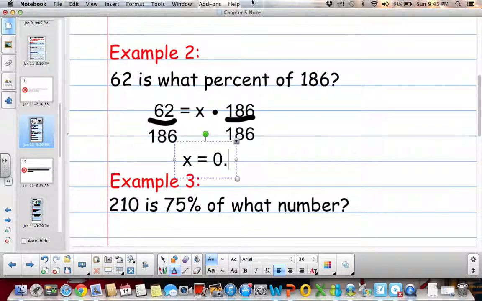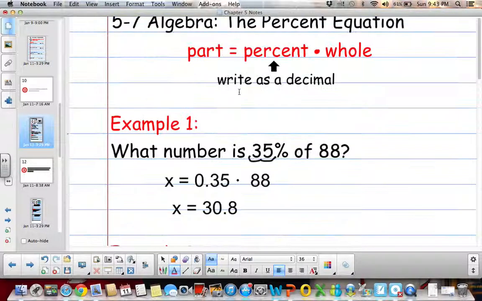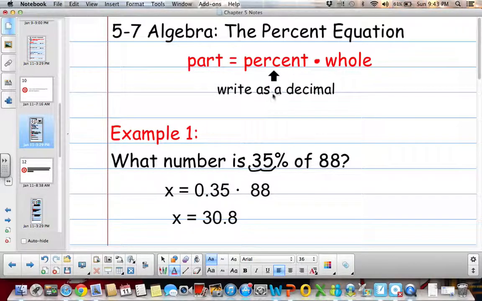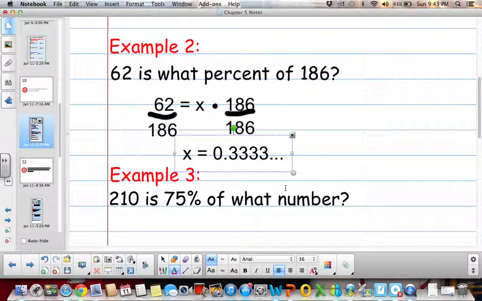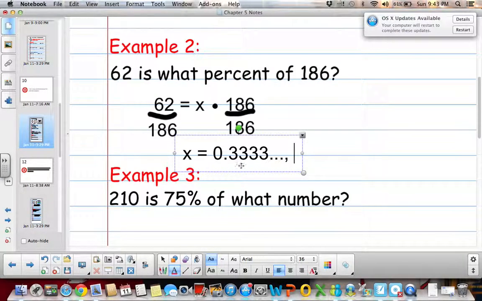So I'll write it as 0.333. But since we're finding the percent, and if we are given a percent, remember we write it as a decimal, so we have to do the opposite. We're given the decimal, so now we need to write it as a percent. We take the decimal and we go over 2, so then I'm left with 33.3%, which would actually be our answer. So 33.3% of 186 is 62.